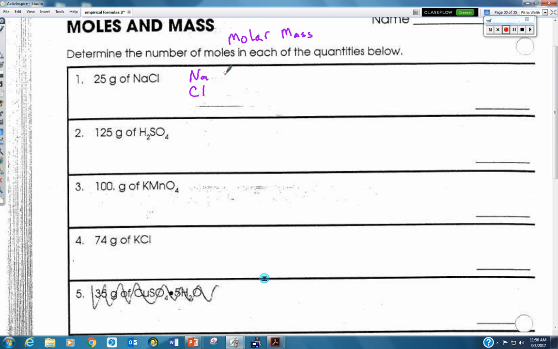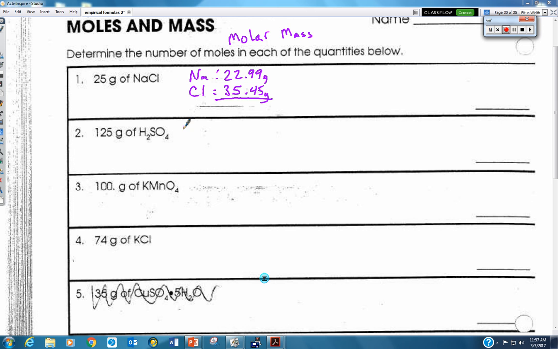So sodium is 22.99 grams and chlorine is 35.45 grams. We only have one sodium, one chlorine in this compound, so there's no other things we need to do here other than just sum the two.